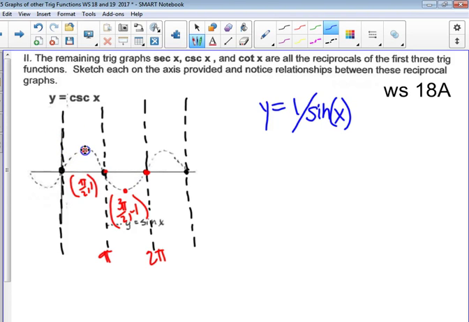What happens when you take the reciprocal of the y value there? Reciprocal of 1 is 1. What is the reciprocal of 1/2, we'll say? 2. What is the reciprocal of 1/10? 10. So it goes up really high.